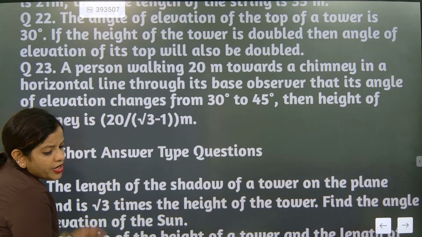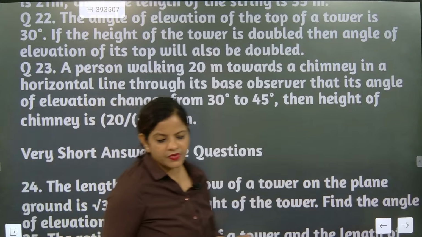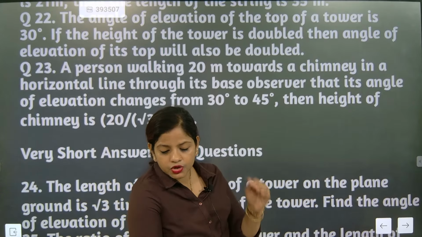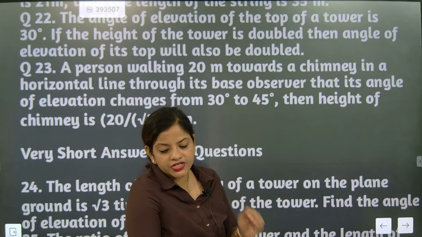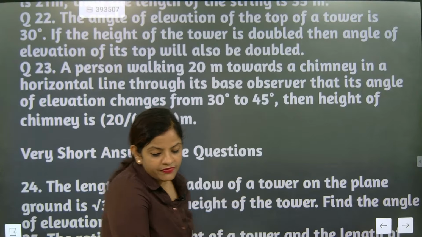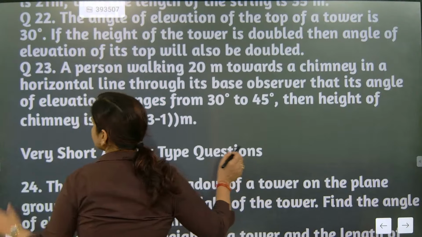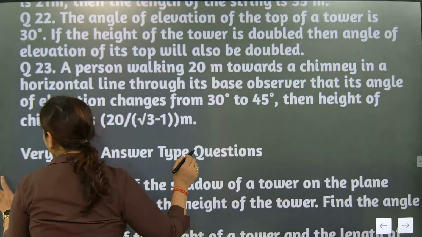A person walking 20 meters towards a chimney in a horizontal line through its base observes that its angle of elevation changes from 30 to 45 degrees. So, the angle of elevation is changing as the person walks.